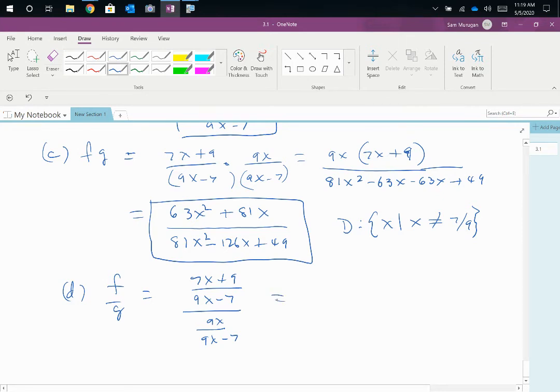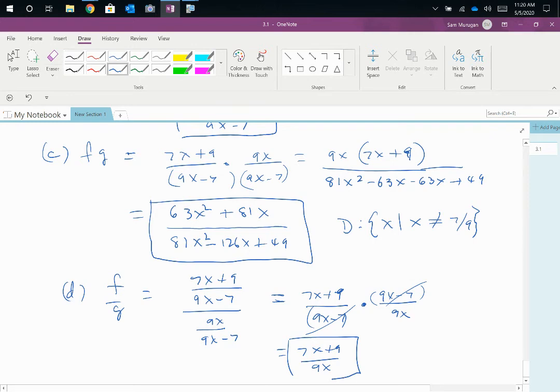So this is where you would use the KFC rule, which is keep the numerator, flip the denominator over, and change the sign to multiply. Notice that it cancels out 9x minus 7. So I have 7x plus 9 over 9x.